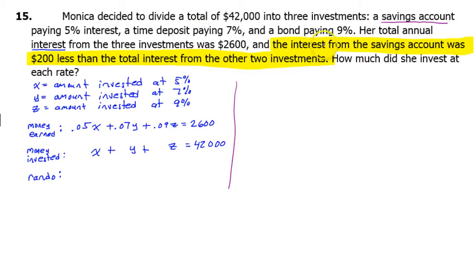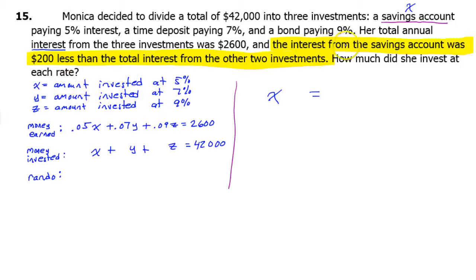Now be really, really careful of one thing. They're talking about the interest from the savings account, so we're not talking about the amount invested. By the way, the savings account, that's X because that's the one that's at 5%. But we won't just say X equals, because that would be the amount invested.